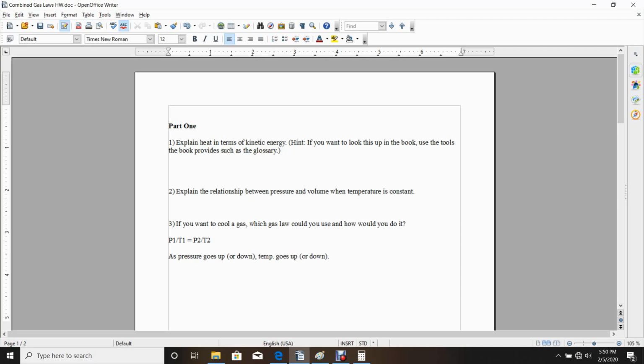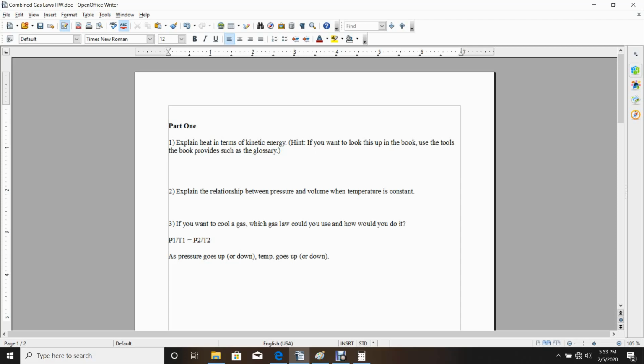I know I need to cool gas, so I went looking through my book or my note card or my memory at all my gas laws. Which gas laws touch temperature? You might find more than one, but you will find this one.